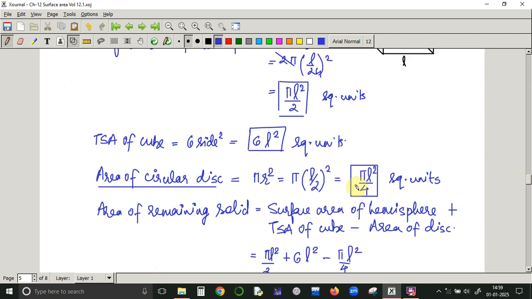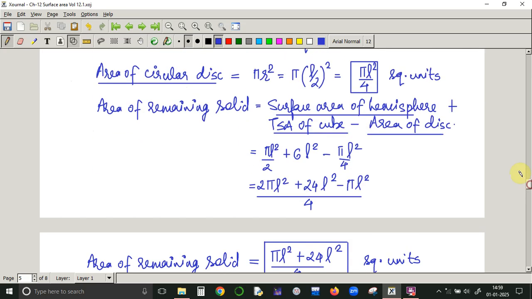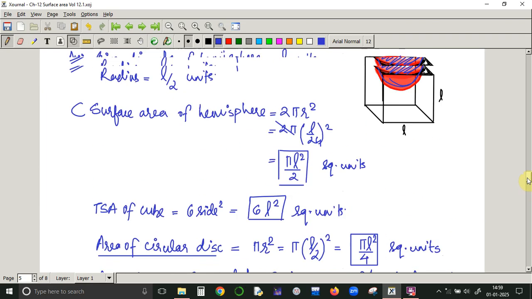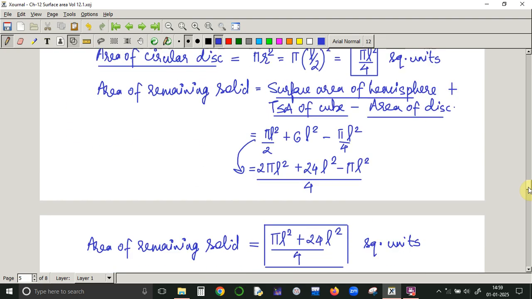Now the area of the hemisphere plus the total surface area of the cube minus the area of the disc. This is what I have written, and after simplifying this, taking LCM, you get the value. This is the area of the solid in terms of pi. So I hope this is clear.